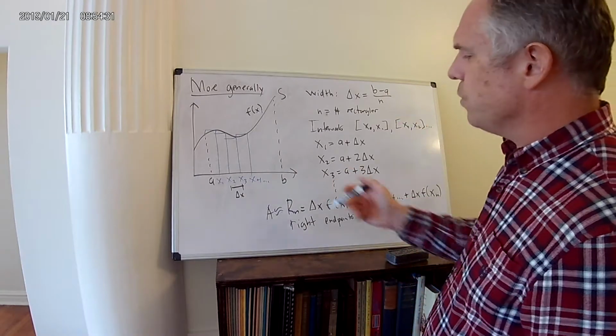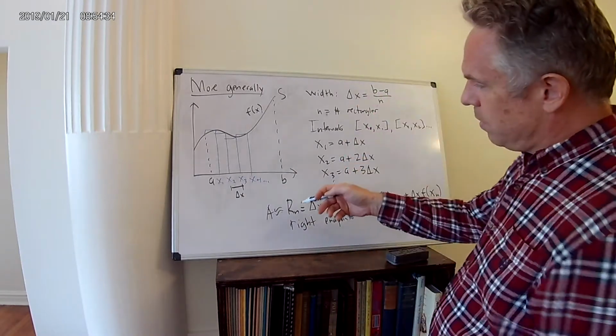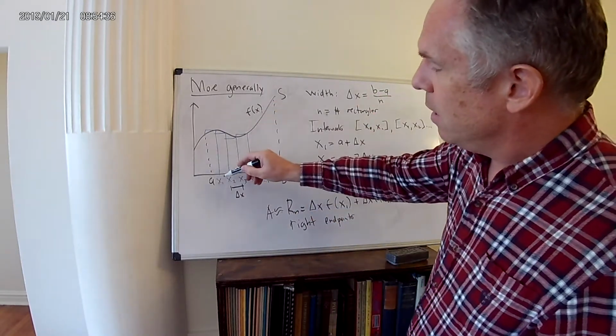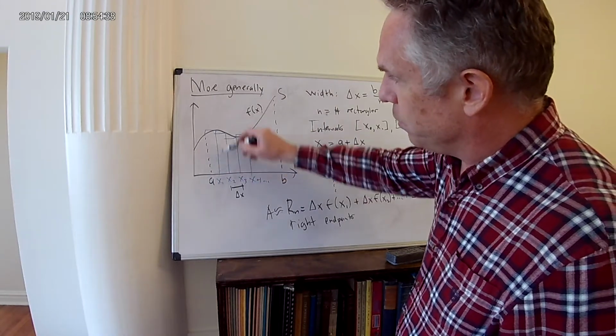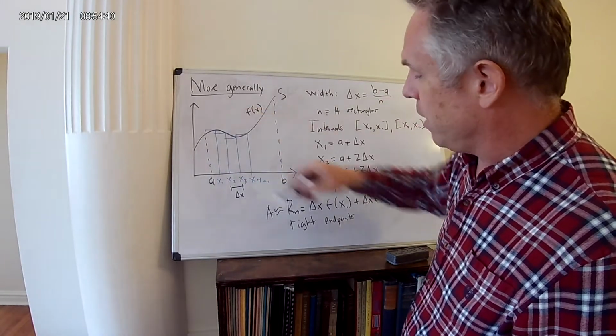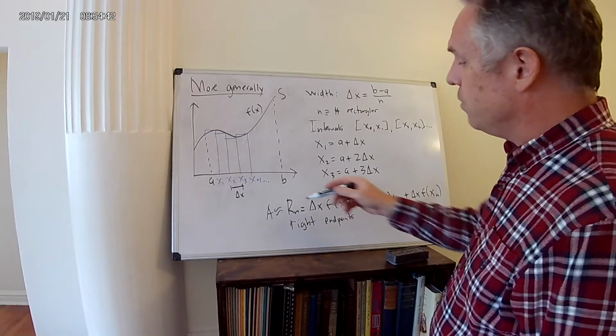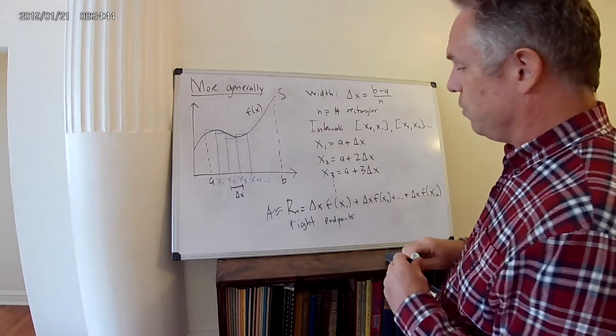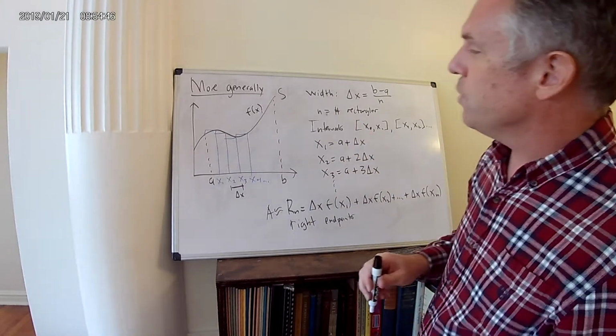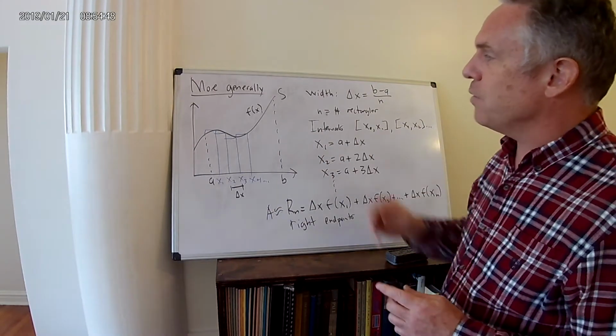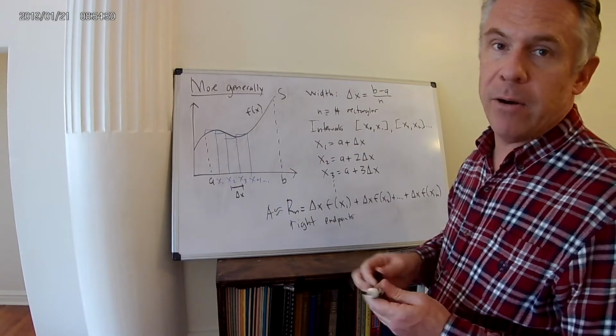I used r sub n because r indicates I'm using the right endpoint of this interval to evaluate the height of my rectangle, and n stands for the number of rectangles I'm using. So the more rectangles I use, if I use 1,000 versus 100, the more accurate my area estimation is.